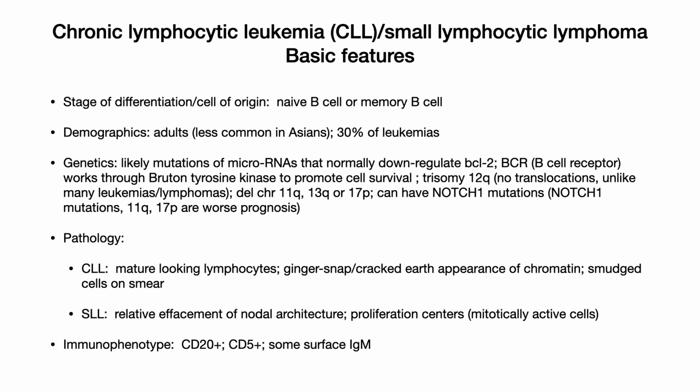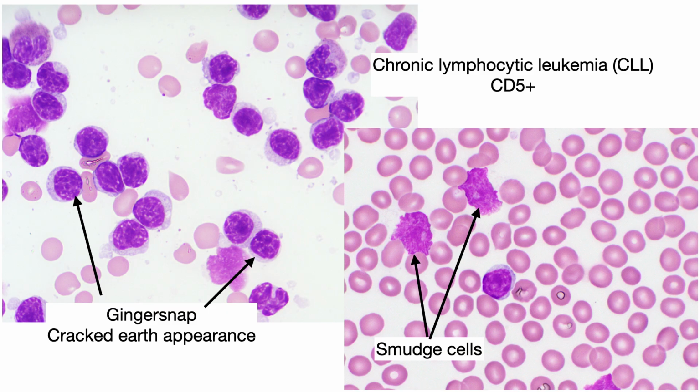So the immunophenotype is a B cell, so CD20, and a really important one is CD5. CLL, SLL, and mantle cell are both B cell neoplasms that have CD5, which is a T cell marker. To me, that's a really good one to know because it really stands out.